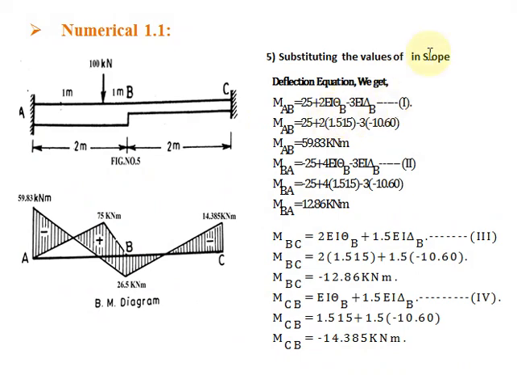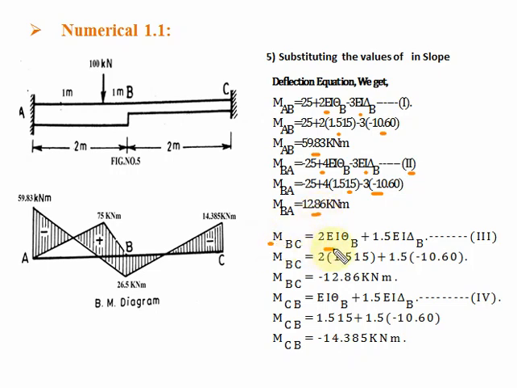MAB is equal to 25 plus 2 EI theta B minus 3 EI delta B. Putting in EI theta B 1.515 and EI delta B minus 10.60, we finally have MAB 59.83 kilonewton meter. Then MBA is minus 25 plus 4 EI theta B minus 3 EI delta B, which gives MBA equal to 12.86 kilonewton meter.